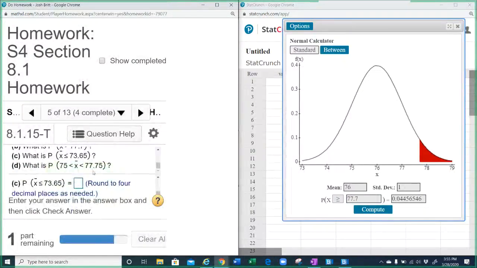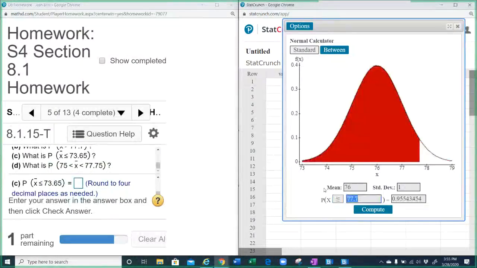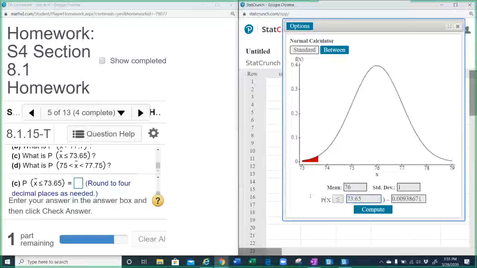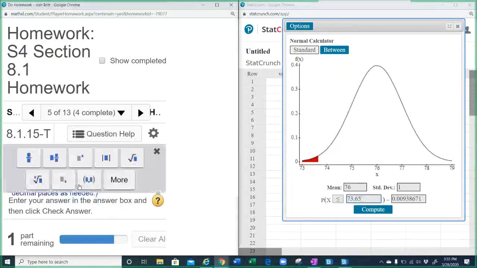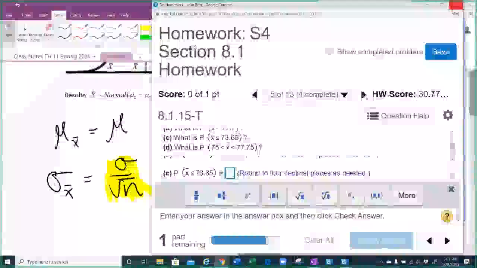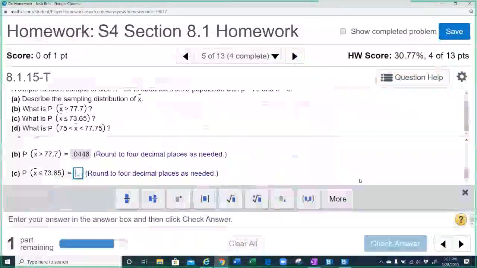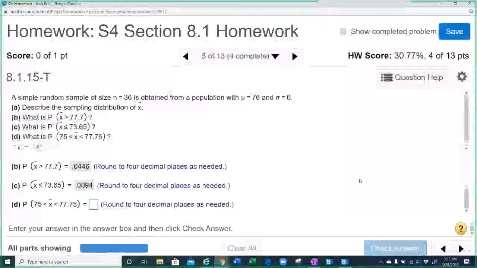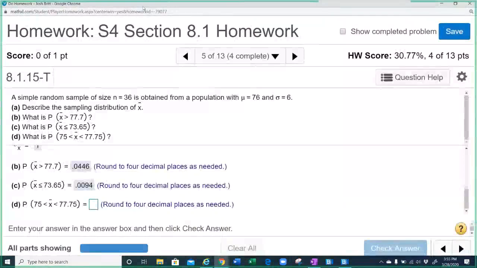Okay, and then we'll do less than 73.65. So less than 73.65. 0.0094. And then we'll do between.